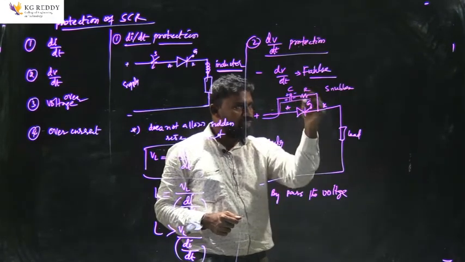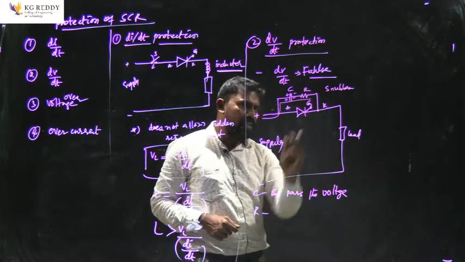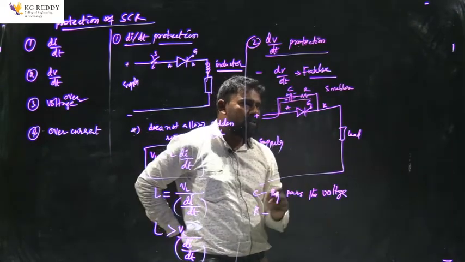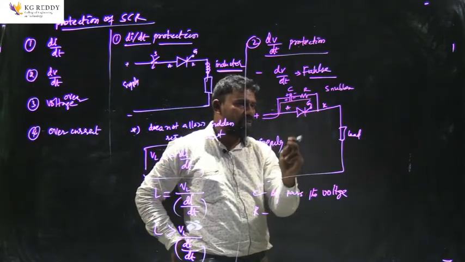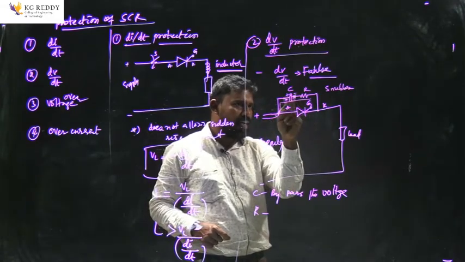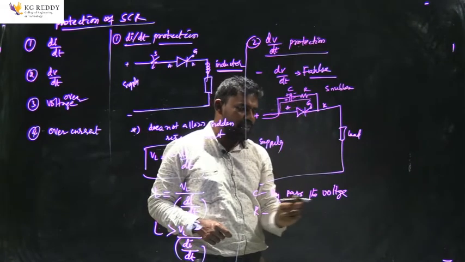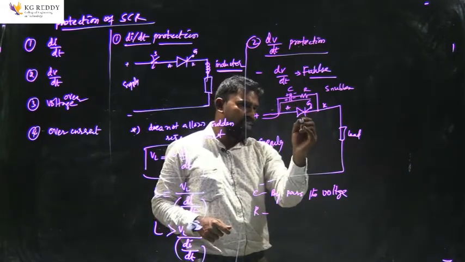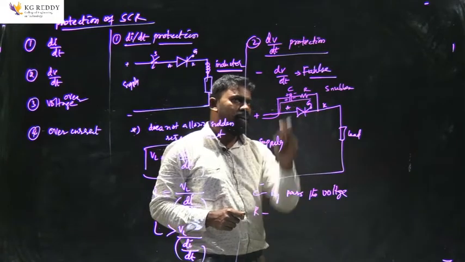Here the resistor is also connected in series with the capacitor. When the SCR is once turned on, by bypassing the voltage through the capacitor, the SCR turns on, and we are providing the protection from dV by dt.